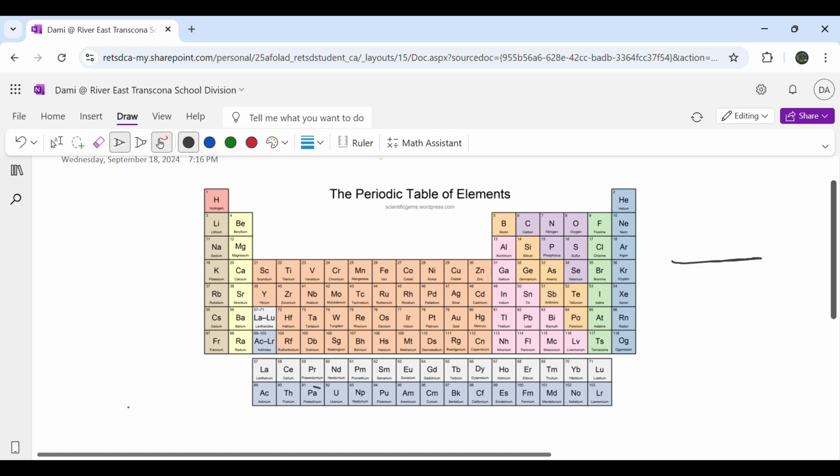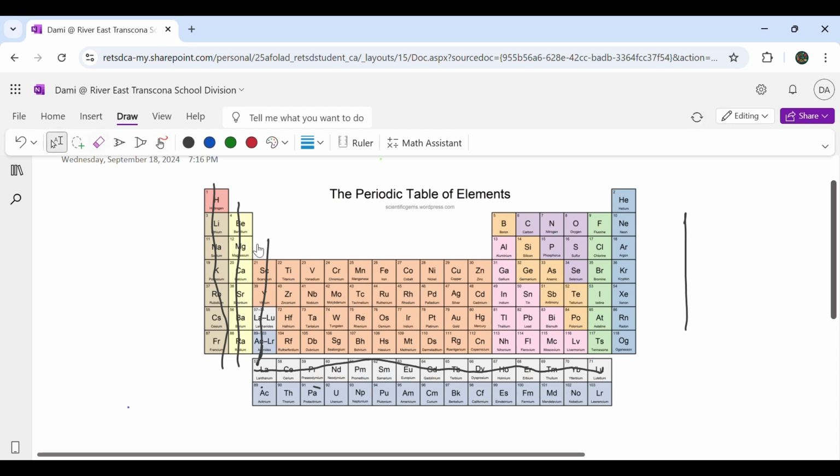Sorry, this is a vertical line and this is horizontal. I mix them up so much. Anyway, groups are vertical lines, so this entire thing is a group. This is a group. This is a group.